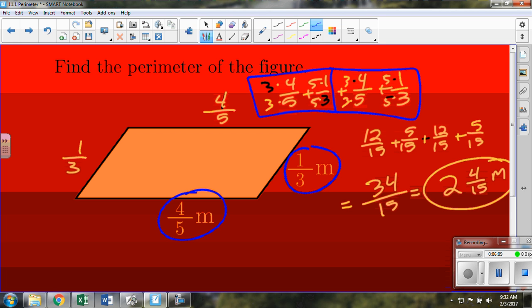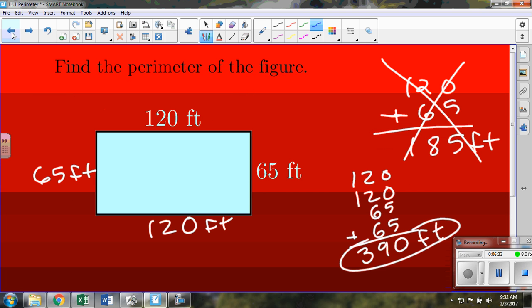A lot of times a formula for perimeter of a rectangle and a formula for perimeter of a parallelogram is created by simply saying you can add the two main sides together. And after you add the two main sides together, then you can just double it, multiply by 2. We had that same technique here where we had 185 adding together two pieces.